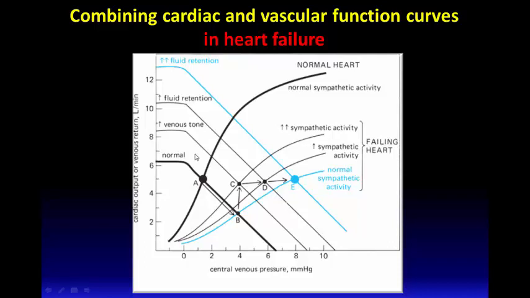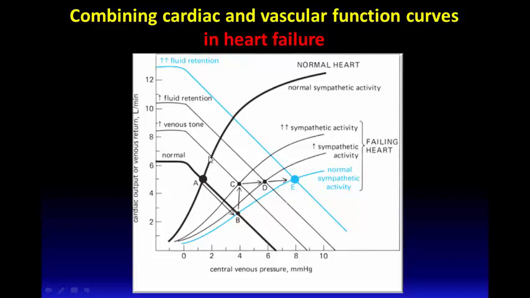Sympathetic activity also increases the venous tone. It causes venoconstriction, reducing the venous capacity, and when the venous capacity is decreased, the mean circulatory pressure increases, as we described earlier, and the venous return curve shifts up and to the right.